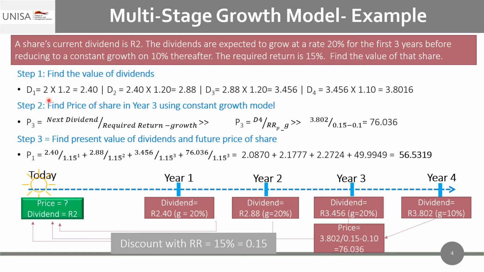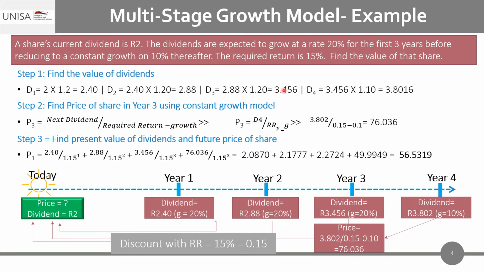In this case, the dividend behavior is shown in our step 1. We are told that the last dividend was 2 rand, so it's grown by 20% in year 1, which gives you 240. 240 is grown by 20% in year 2, gives you 288, which is grown by 20% in year 3, gives you 3456. So the high growth period ends at year 3.